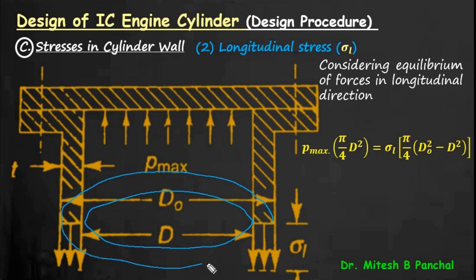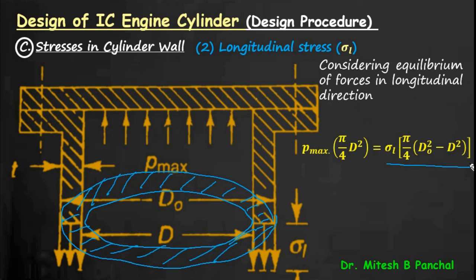So the total resisting area across the cross section is pi by 4 times (Do square minus D square). This is the resisting area into sigma L. So the total resisting force is sigma L into pi by 4 times (Do square minus D square).